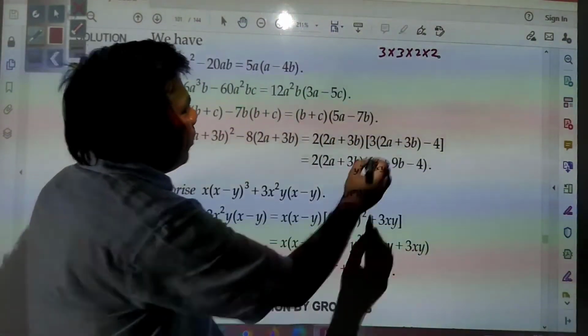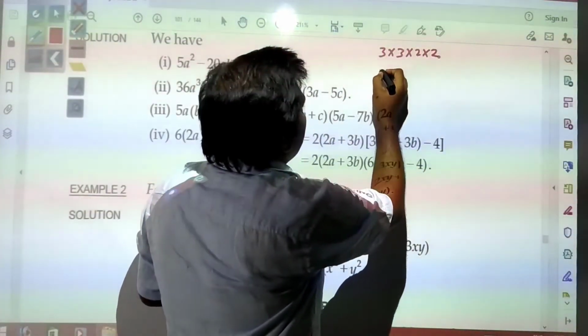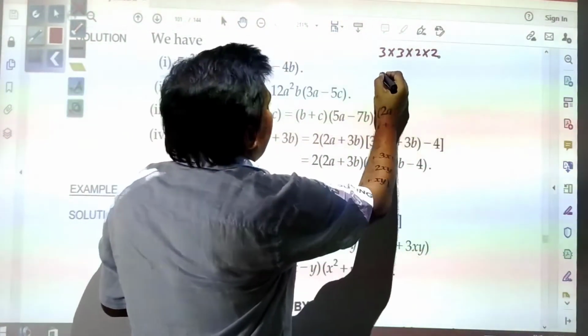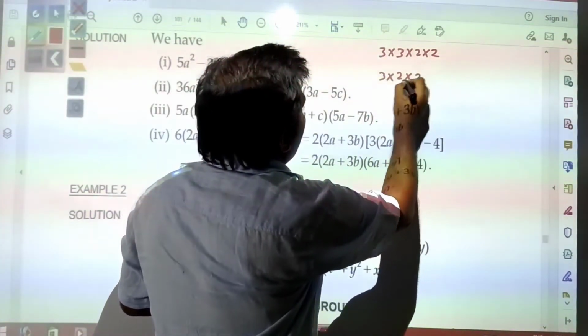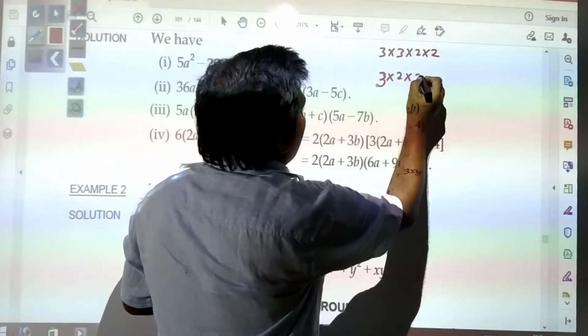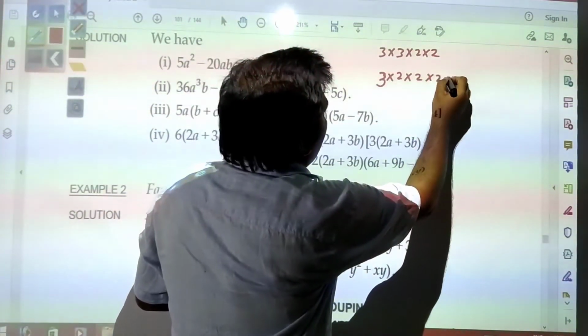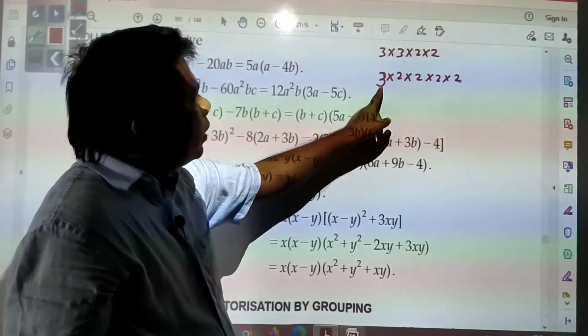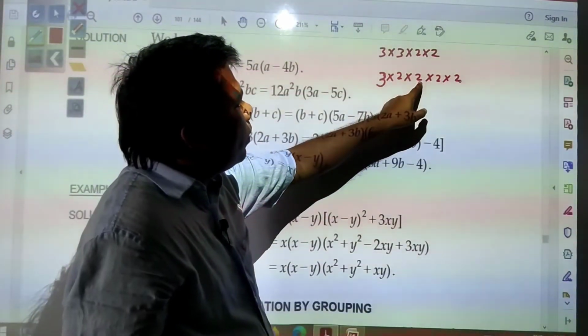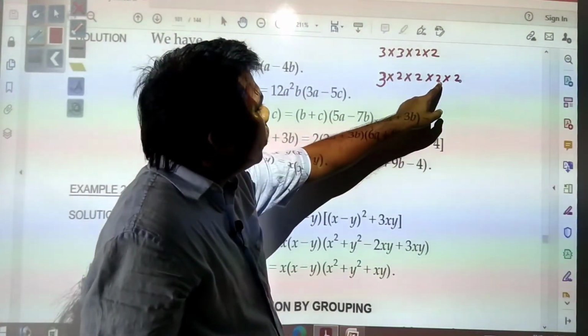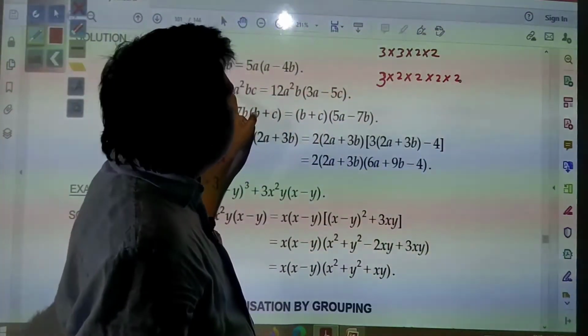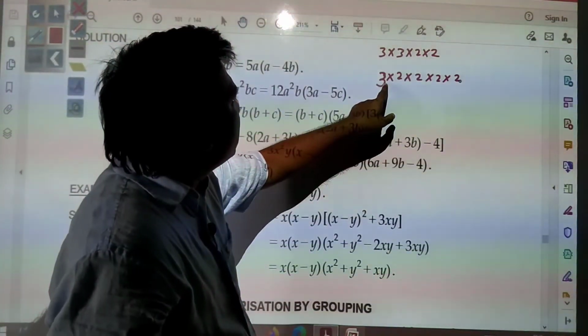And 60 can be written as 3 into 2 into 2 into 2 into 2. 3 2 is 6, 6 2 is 12, 12 2 is 24.